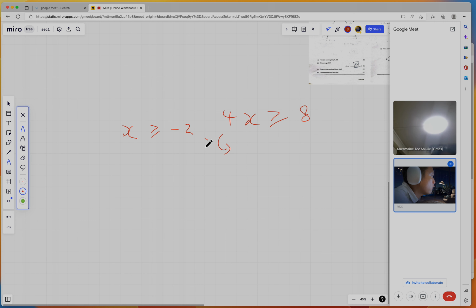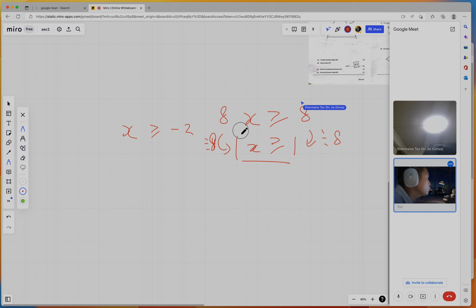Then you divide by 4, or divide by 8, sorry, divide by 8. And then you go and switch the inequality sign, right? You don't need to, because it's not a negative number on both sides. So 8 divided by 8 is 1, and 8x divided by 8 is x.